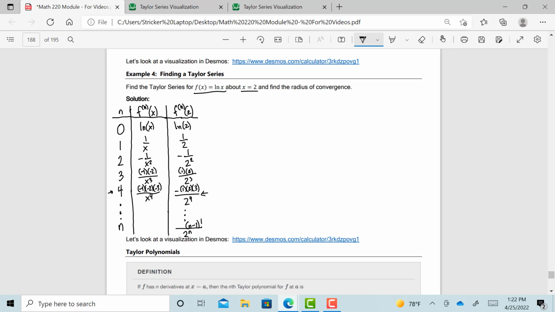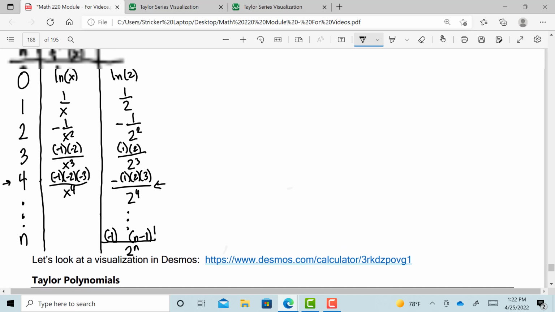And then the only thing left is it looks like for odd terms it's positive, and for even terms it is negative, right? So we're going to have to do one of those -1 to a power things.